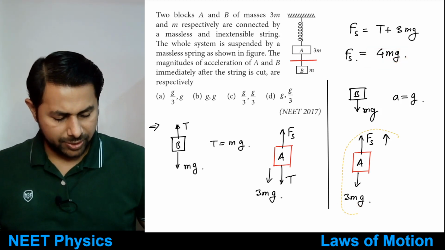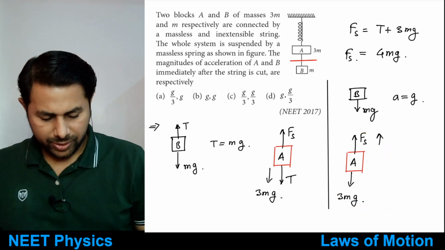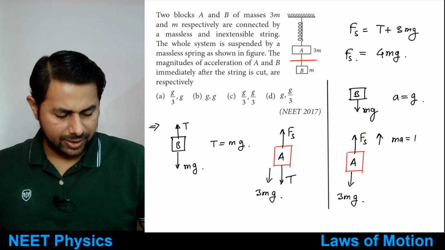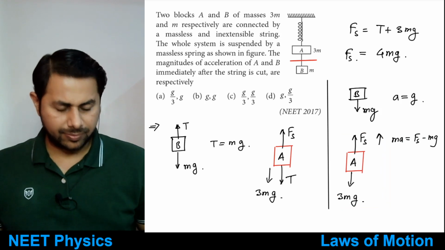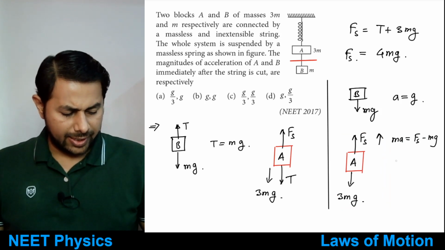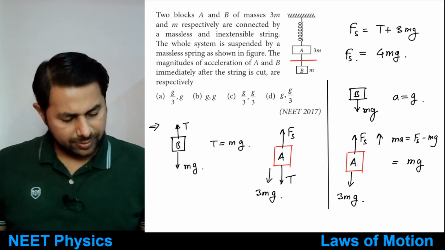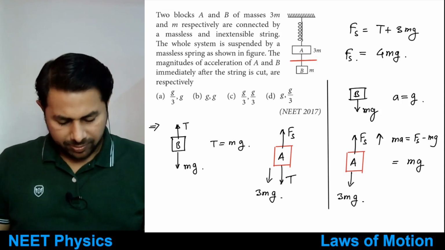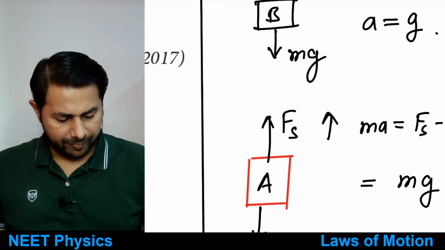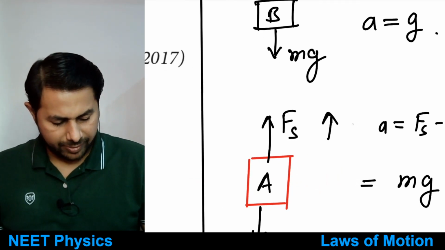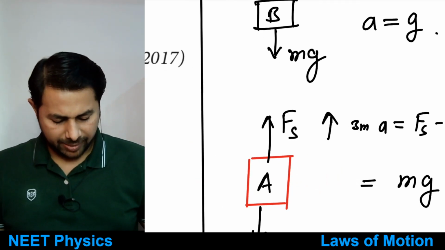How much is the net force? Net force is mass times acceleration. It is Fs minus mg, right? And that is 4 mg minus mg, which is mg. But its mass is 3m, not m. Mass of A is 3m.